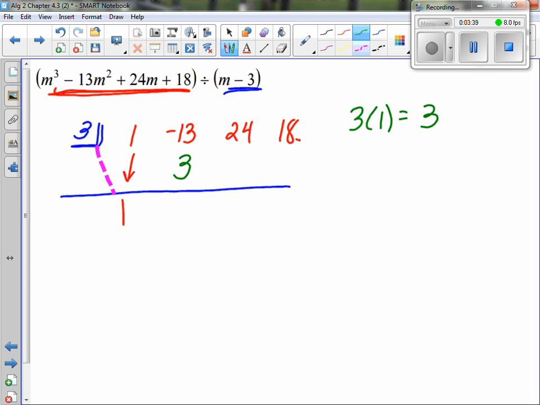So we do 3 times 1 and get 3. We put that 3 under the next number, which is negative 13. Add straight down. What is negative 13 plus 3? Negative 10, okay. That goes right here.